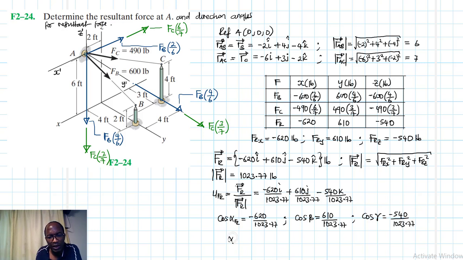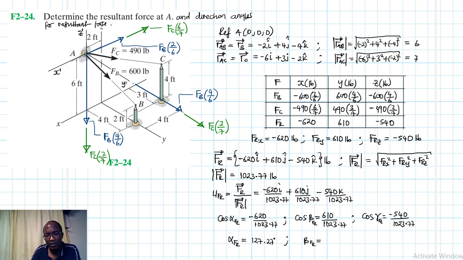Using your calculators, we are able to find alpha for FR. Just grab your calculators, divide that value, and then use the function cos inverse to find the value of that angle, which is 127.27 degrees. Then beta FR and gamma FR.